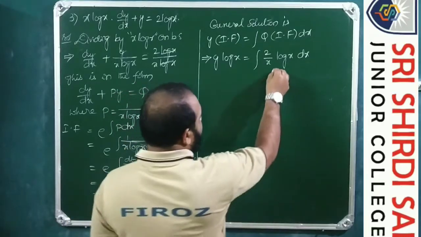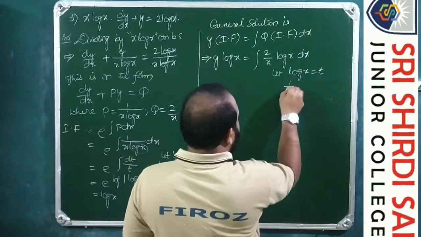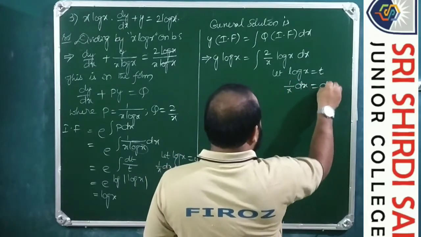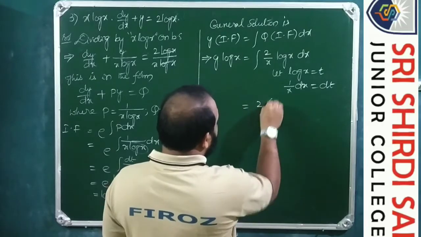Let log x is equals to t, then 1 by x dx equals to dt.